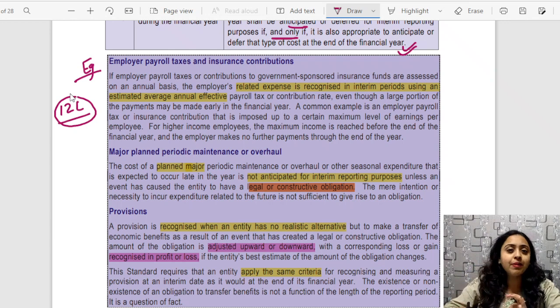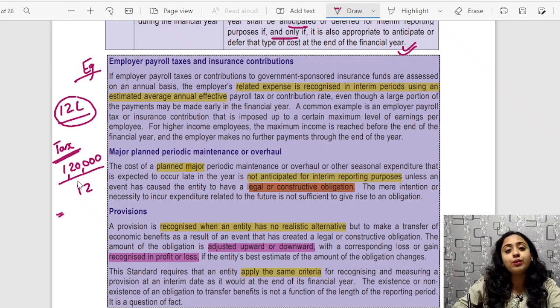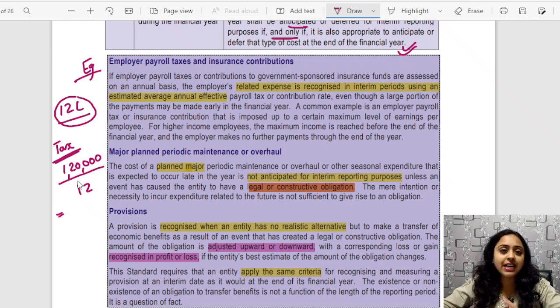Just for understanding, say your tax for the full year is 1,20,000. It is divided by the number of months, that is 12 months, and each month 10,000 will be deposited to the department as TDS.